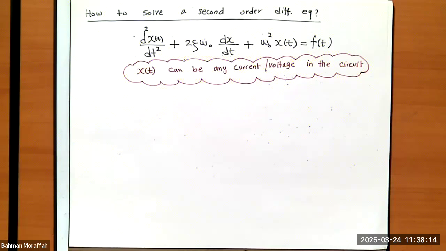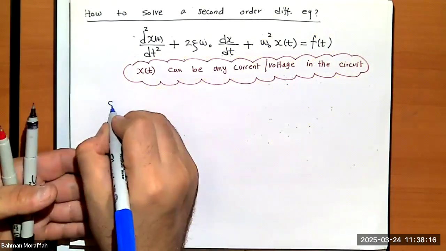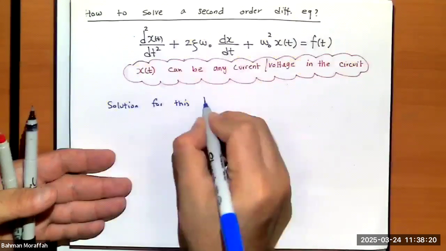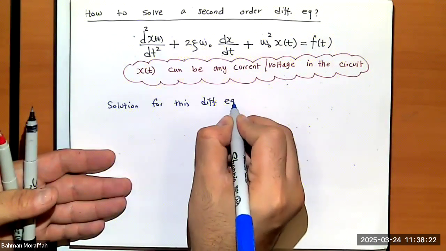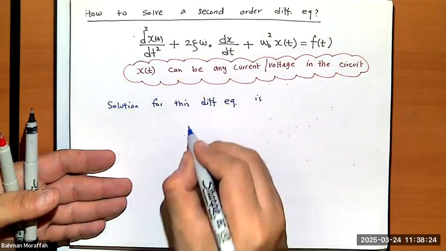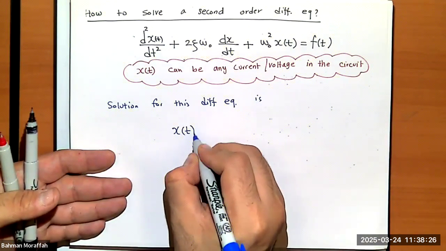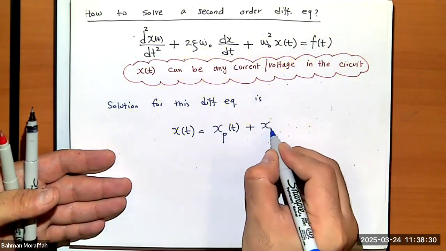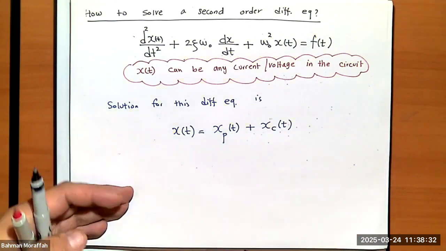So the solution for this differential equation is x of t equals xp of t plus xc of t.